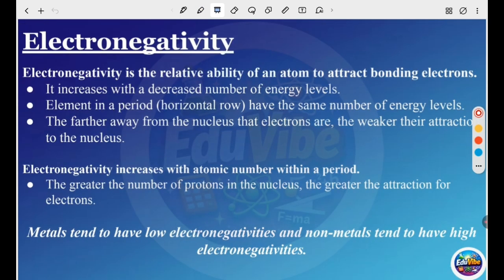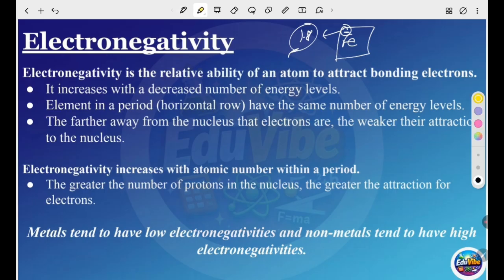The next one is electronegativity. When we made an element like Fe in the last video, we saw a small number there, I think 1.8 something, and this 1.8 denotes the electronegativity of that particular element.